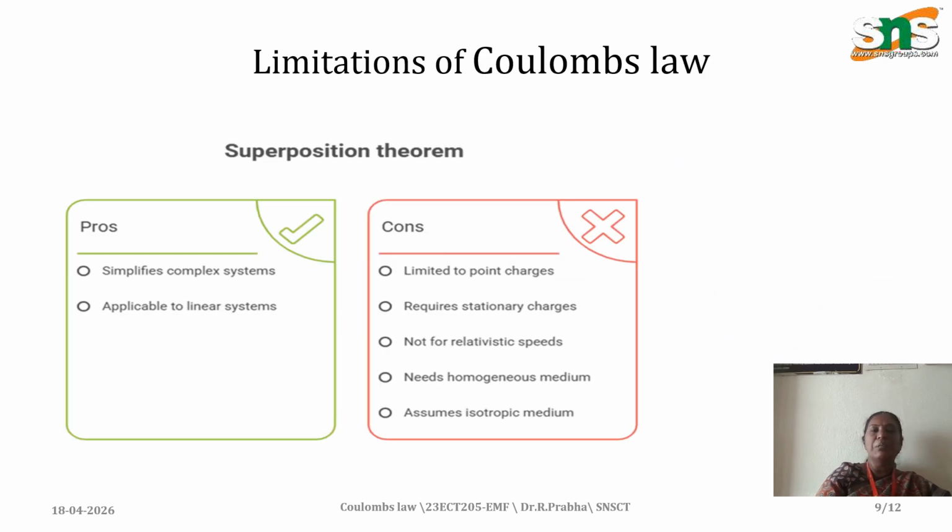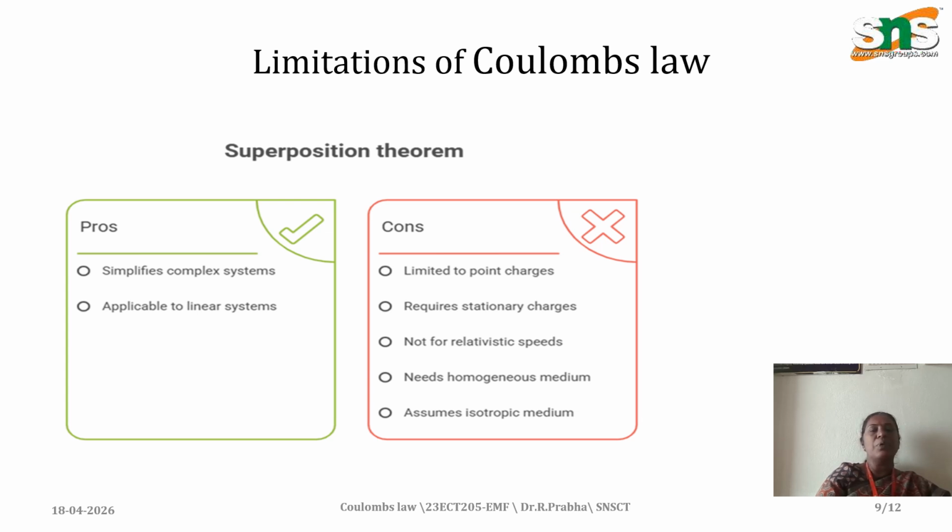Now the limitations of Coulomb's law. The superposition principle simplifies complex systems and is applicable to linear systems. But its limitation is that it is limited to only point charges and not to surface charge, linear charge and volume charge.